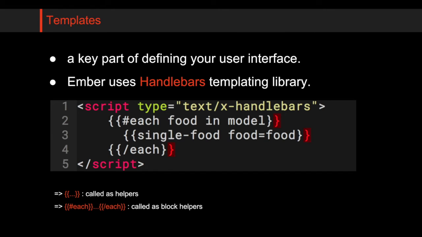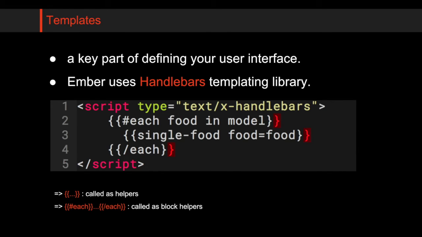Template is a key part of defining your user interface. Ember uses the Handlebars templating library. So for the template, we need to wrap the code inside a script type equal text/x-handlebars, and then the template code is inside it.